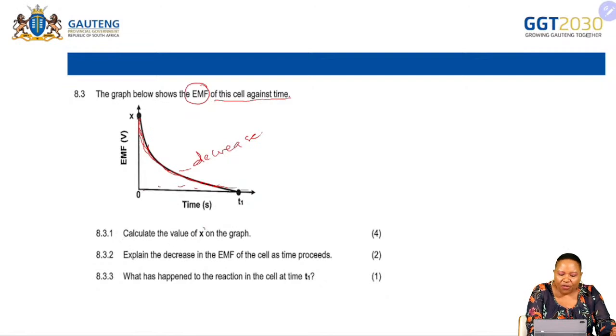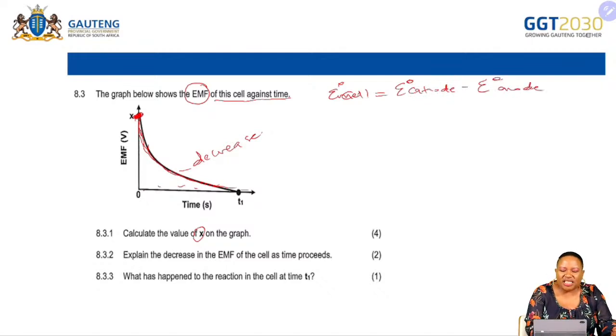Calculate the value of X on the graph. Remember, this is our initial EMF, and we calculate it using E theta cell equals E theta cathode subtract E theta anode, because we are looking for the EMF at X, which is our initial. I always said we can only calculate EMF initially before the cell starts to operate, where we have the potential difference of the two half cells in full.